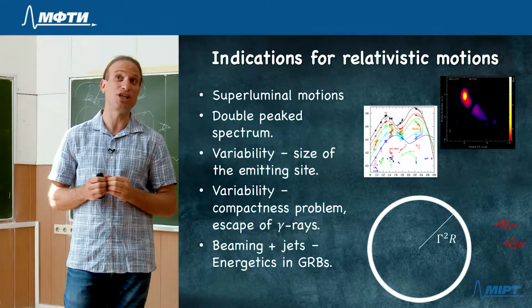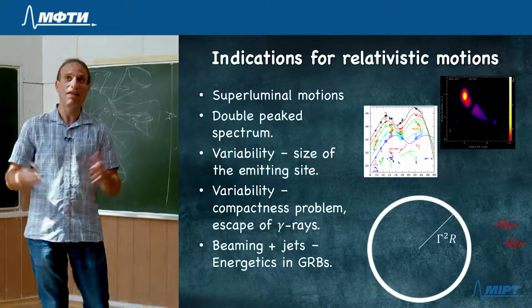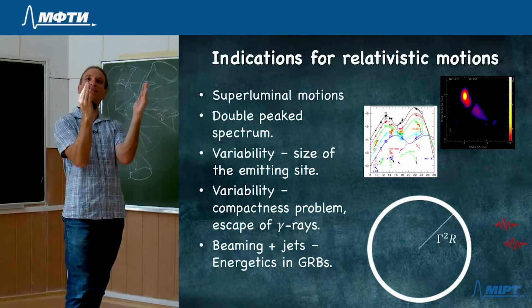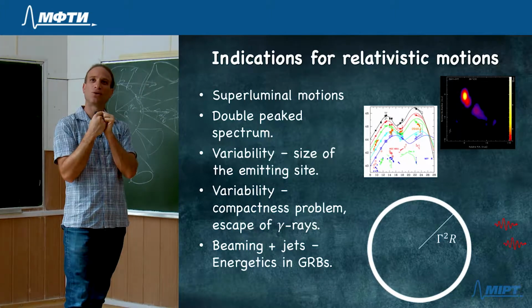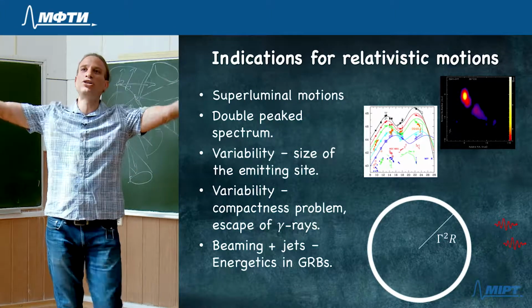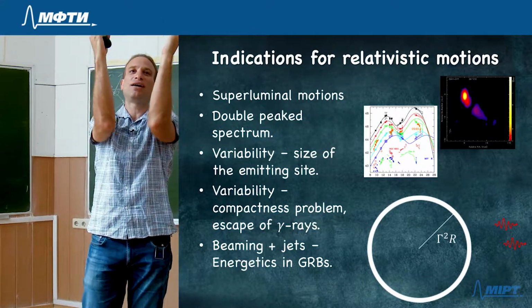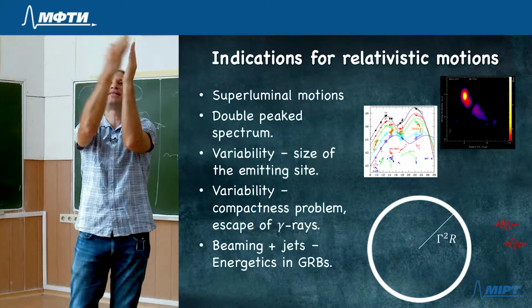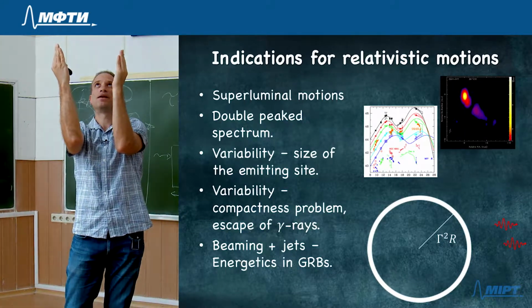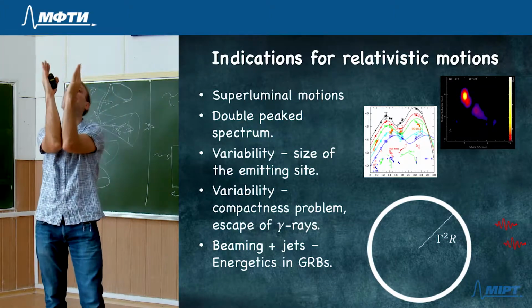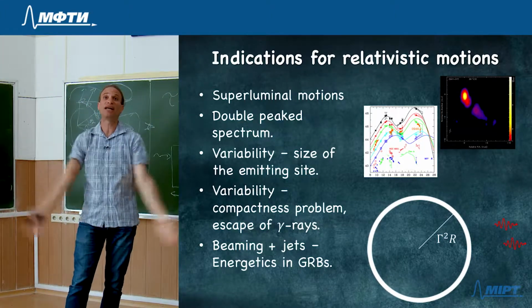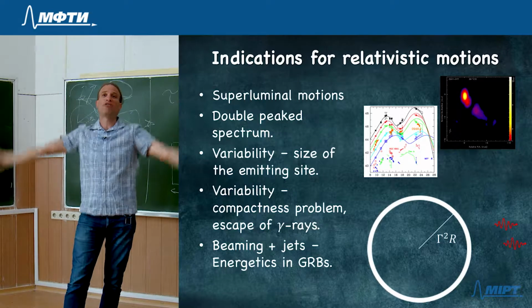Okay, this is too much energy coming from a stellar size object. So if I assume that things are jetted, the energies will be reduced by the angular area that the jet covers, divided by the total 4 pi.